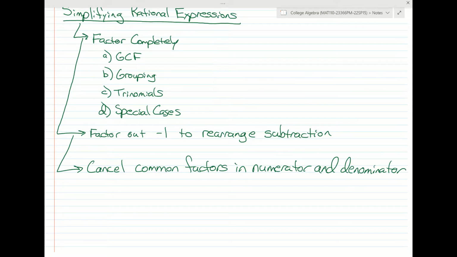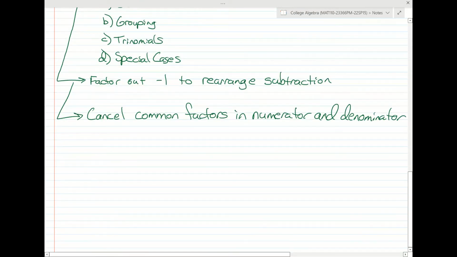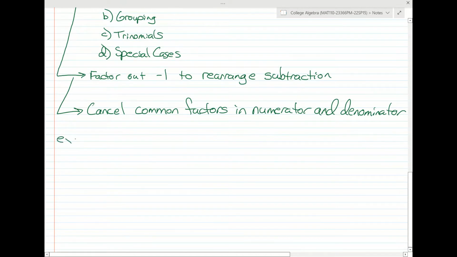So now that that's said, let's go ahead and take a look at these. I'll show you what these examples look like. They'll ask you to write in lowest terms. All this means is that we cancel out common factors.